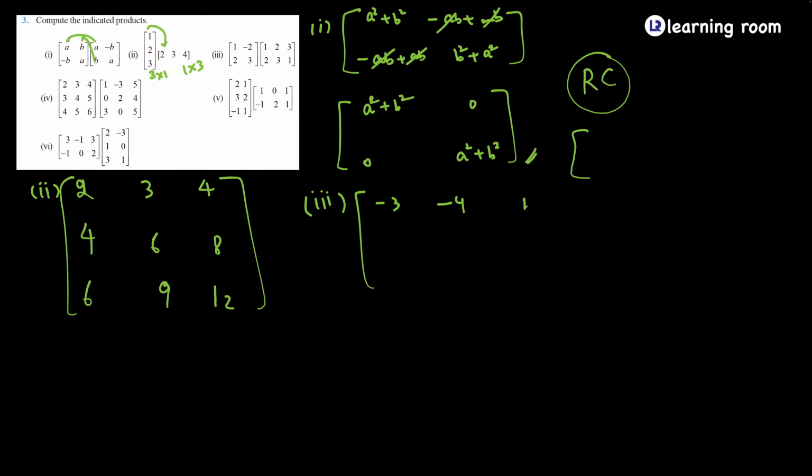So 2 plus 6 is 8, 4 plus 9 is 13, 6 plus 3 is 9. So 2 cross 2 and 2 cross 3, so you got a 2 cross 3 matrix. Correct. So what about this? You're supposed to get a 3 cross 3 matrix. So try it out. So what is the answer?